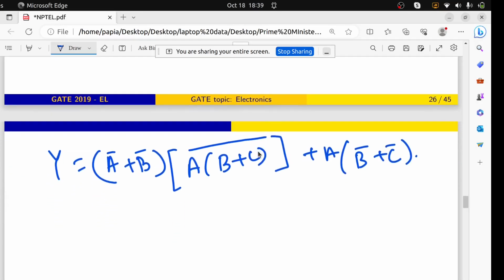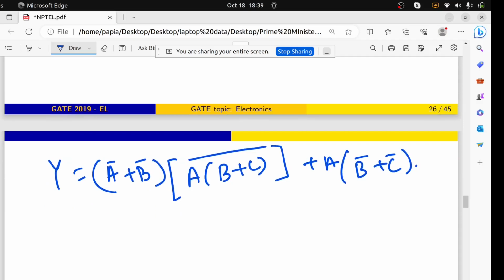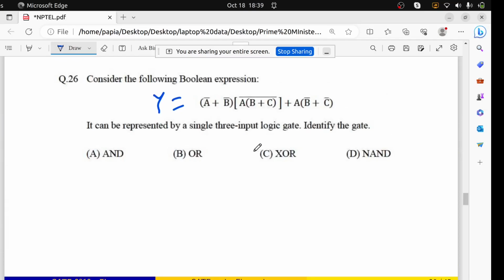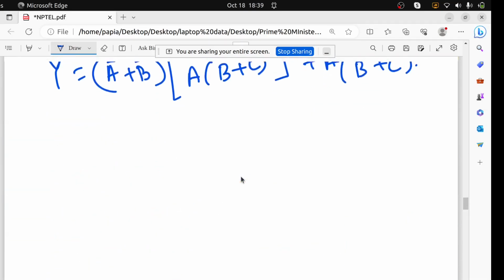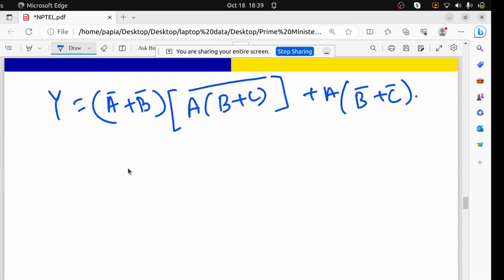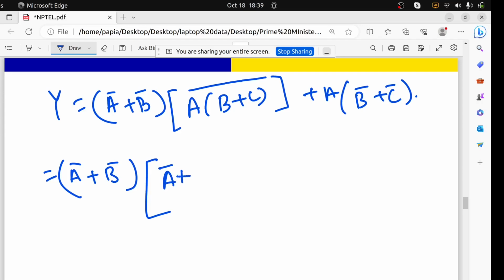This is the expression. The options are NAND, NOR, AND, OR, XOR and NAND gate. Which option is this one? So we have to check that. First of all, we will simplify it a little bit. Just calculate with me. I am writing here A bar plus (B plus C) whole bar plus A B bar plus C bar.